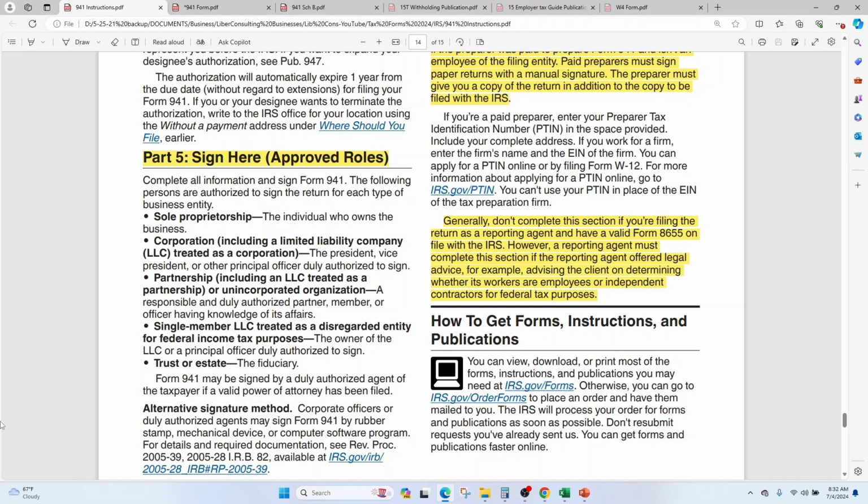If your business is a partnership or an LLC that files a 1065 partnership tax return, a responsible partner, member, or officer that has a good knowledge of your business could sign. If the business is a single member LLC treated as a disregarded entity for federal income tax purposes, the owner of the LLC or a principal officer will sign as well.